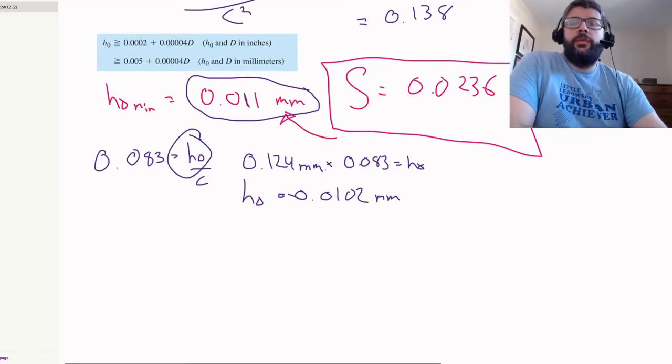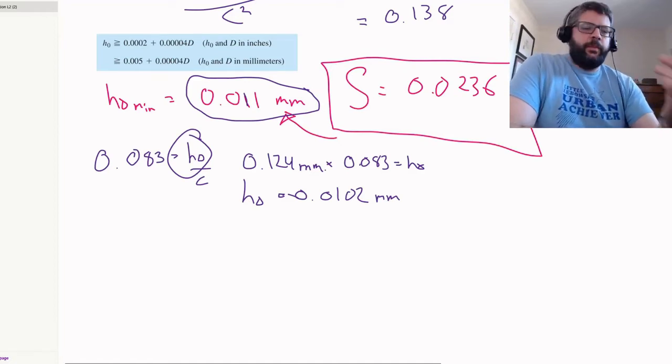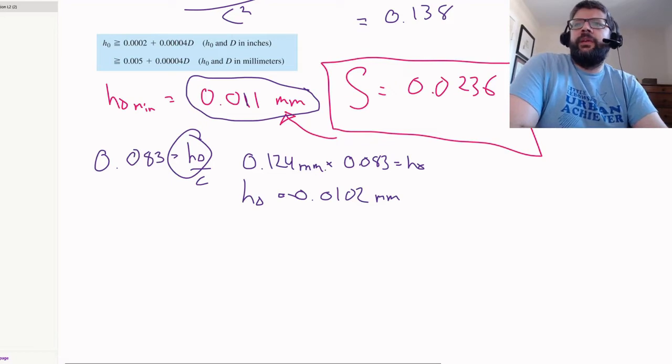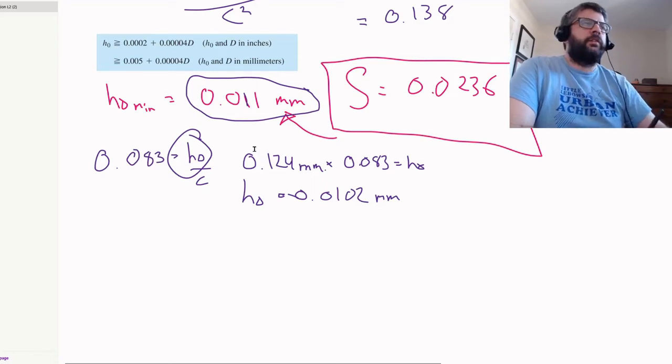So what do we want to do with this then? If we weren't able to obtain the H min that we wanted, then what we might be able to do is tighten up the range of allowable S's by adjusting the range of the allowable clearances.